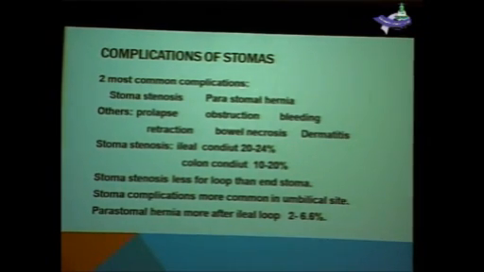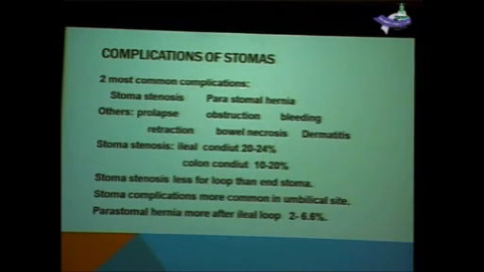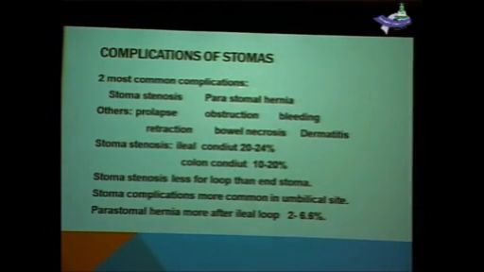There is parastomal hernia, so you have to be careful in opening the sheath, or the fascia, so it will not herniate. You don't leave a large hole that may create a parastomal hernia. Stomal stenosis in ileal conduit is 20 to 24%. Colonic has less, because of the larger diameter, they have less stomal stenosis.